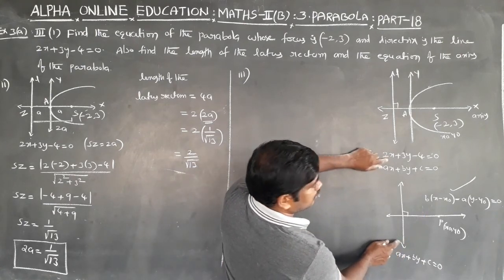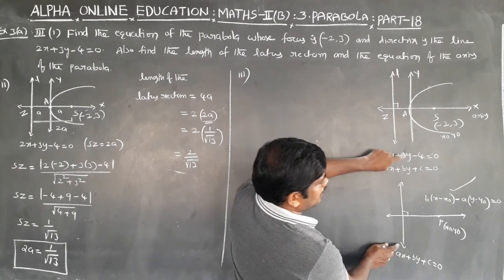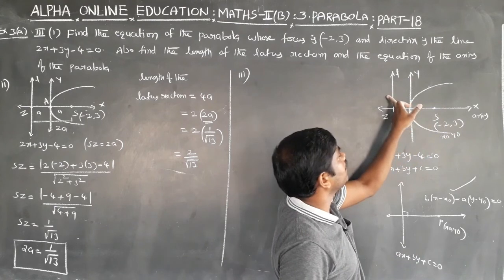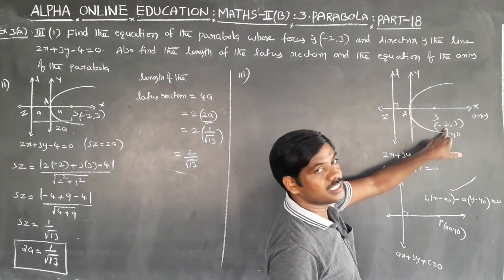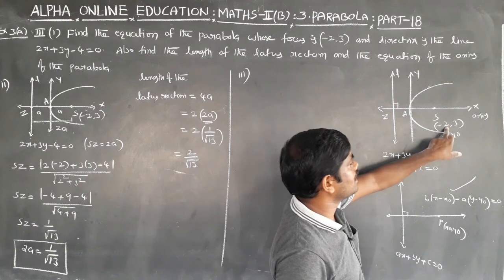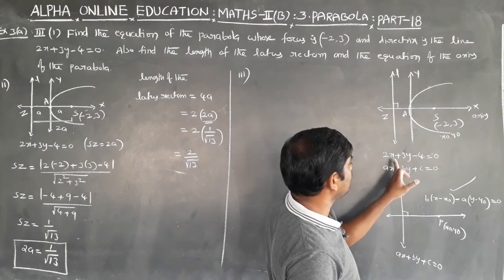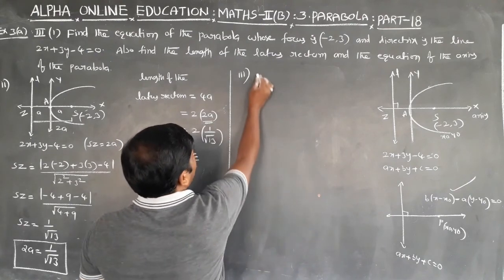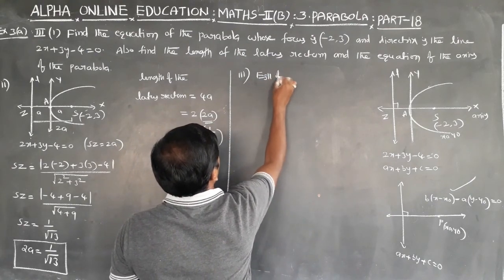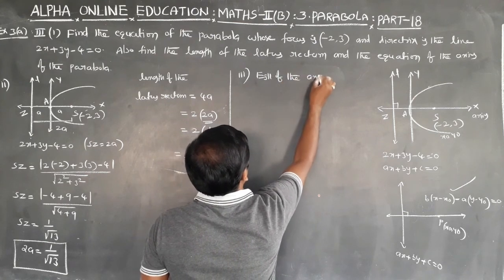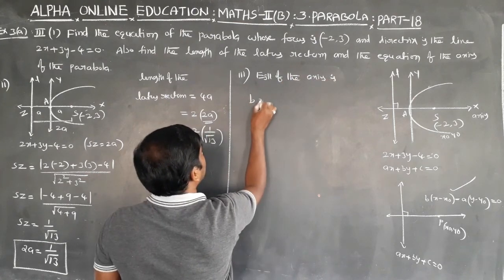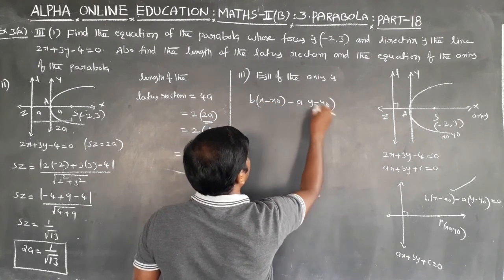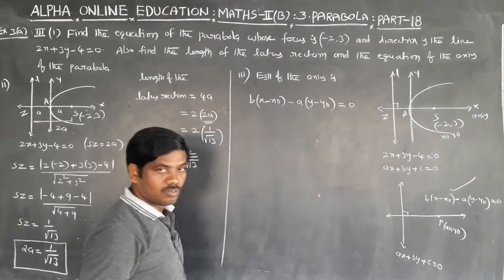Here the equation of the directrix is 2x plus 3y minus 4 is equal to 0, and the equation of the axis is perpendicular to the directrix and passing through the focus. Here the focus is x0, y0, and the directrix is ax plus by plus c equal to 0. Here the equation of the axis is b into x minus x0 minus a into y minus y0 is equal to 0.